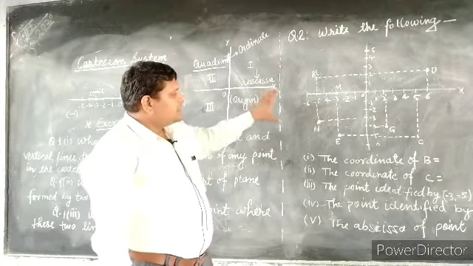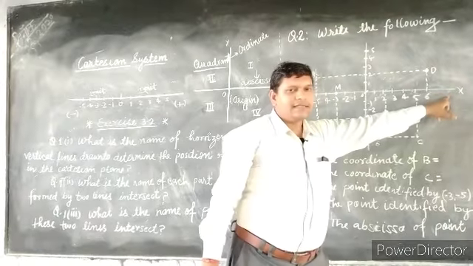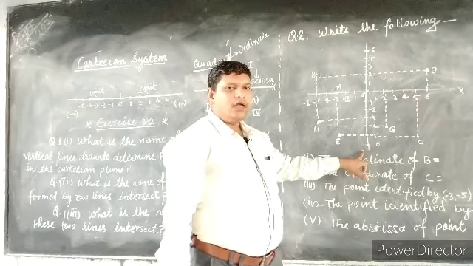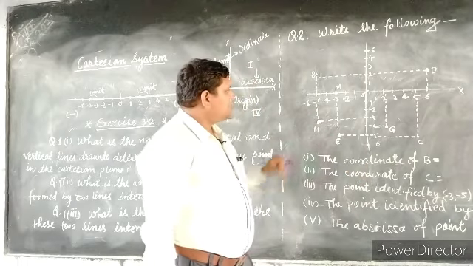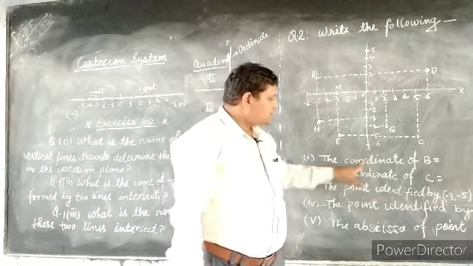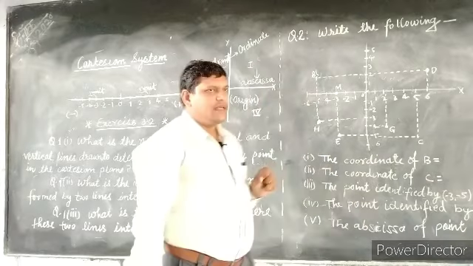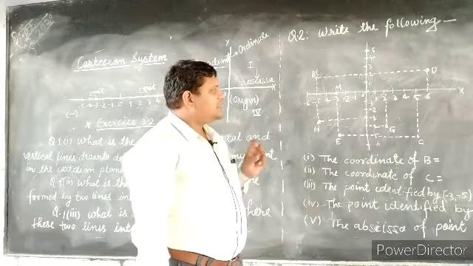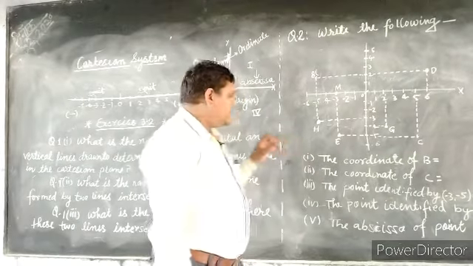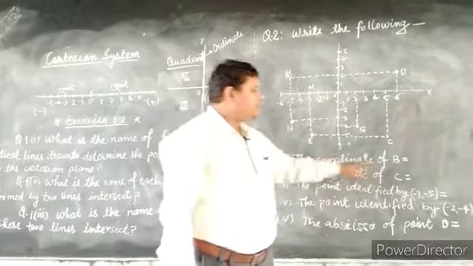This is a graph, this one is the x-axis, that is abscissa, and this is the y-axis, called ordinate. The question is asking for the coordinate of B. Actually a coordinate is a combination of two values, abscissa and ordinate.